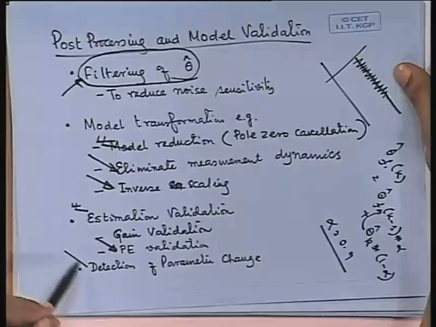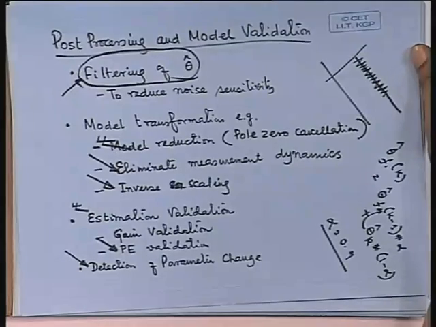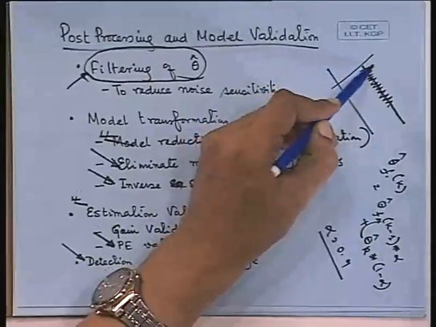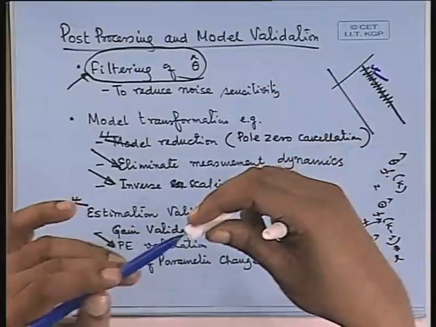And sometimes you also need to detect parameter changes, because actually what happens is that this is a contradiction. Parameters are generally likely to be slow varying. So if you keep your estimator gain high, then it will become sensitive to noise and it will start oscillating like this. So while it is steady, you need to reduce the estimator gain.